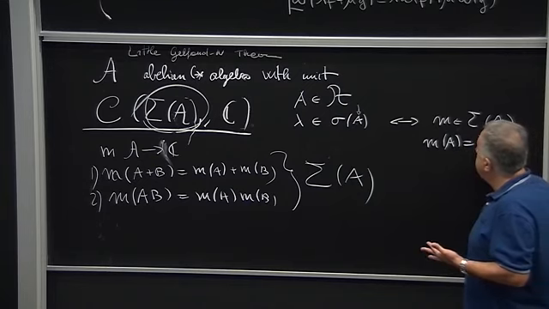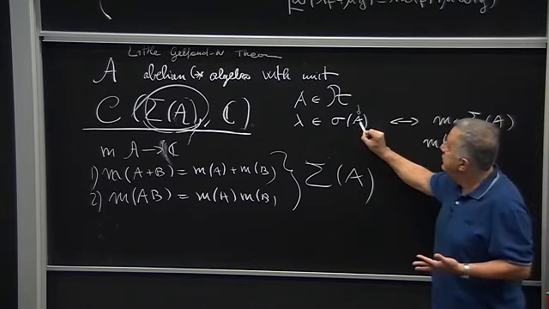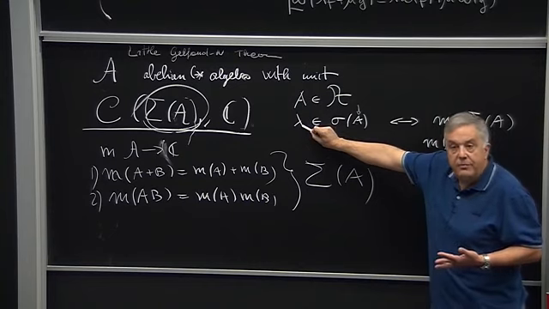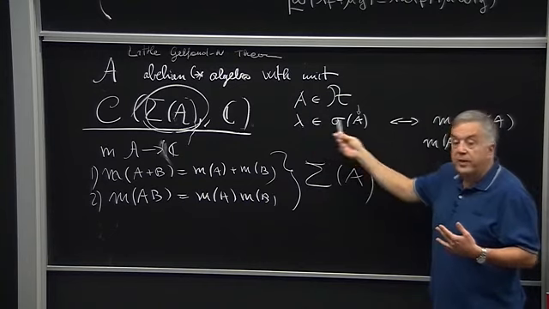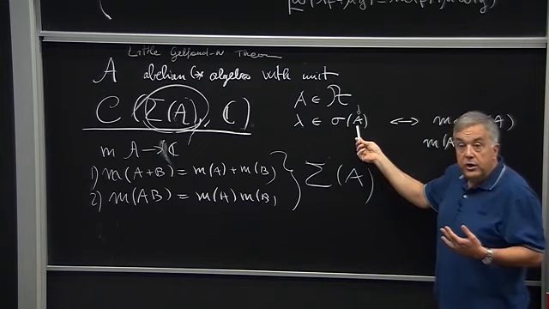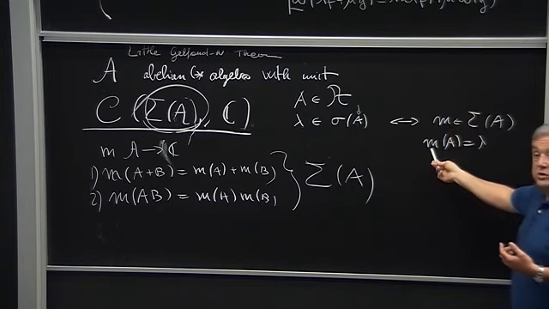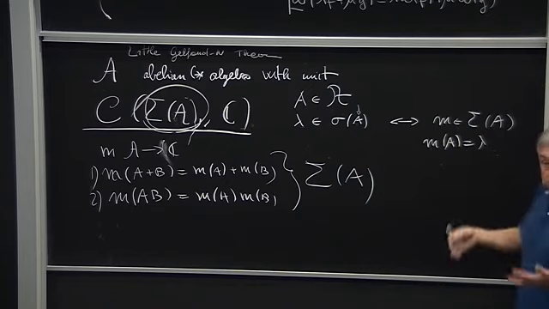You can do this only if there is an operator such that lambda is in its spectrum, and vice versa. If lambda is in the spectrum of an operator of your algebra, there exists such a functional.